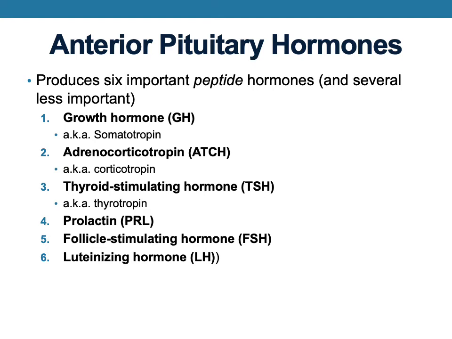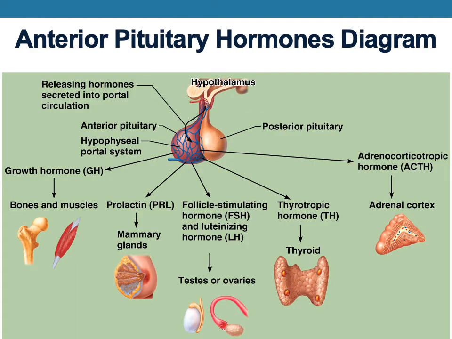You will be responsible for knowing the acronyms for each hormone as we cover this course. I am a visual learner, so I put this diagram in the PowerPoint to help my visual learners remember the names of the hormones produced by the anterior pituitary, as well as the tissues that they affect.